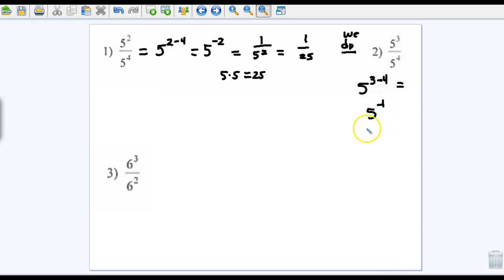I cannot have a negative as my exponent, so I'm going to turn it into a fraction, 5 to the 1, which is the same as 1 over 5. Right? Remember that rule of 1, anything to the 1 is itself.